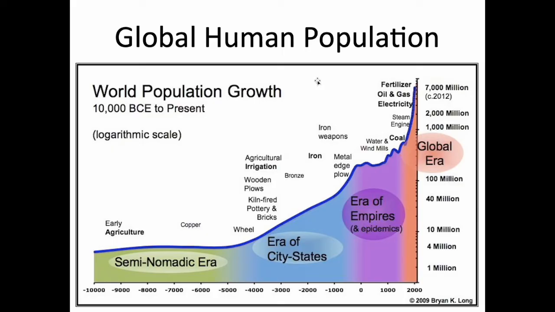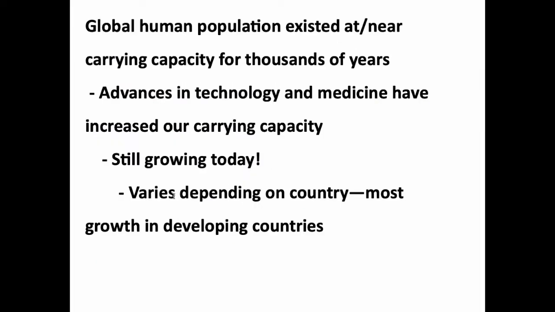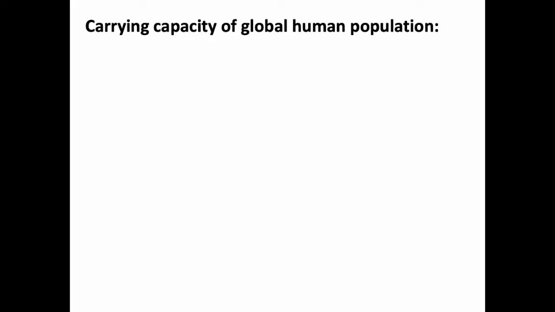We still have a limited amount of farmland and sunlight for our crops and fresh water and space. So where's the ceiling? There has to be a carrying capacity. Where is it? Still growing today, varies depending on country. Most of the growth is in what we call developing countries. So, all right, where's our ceiling?